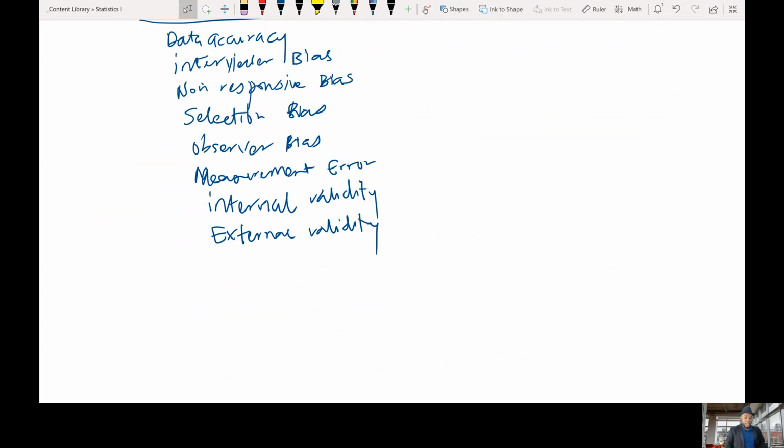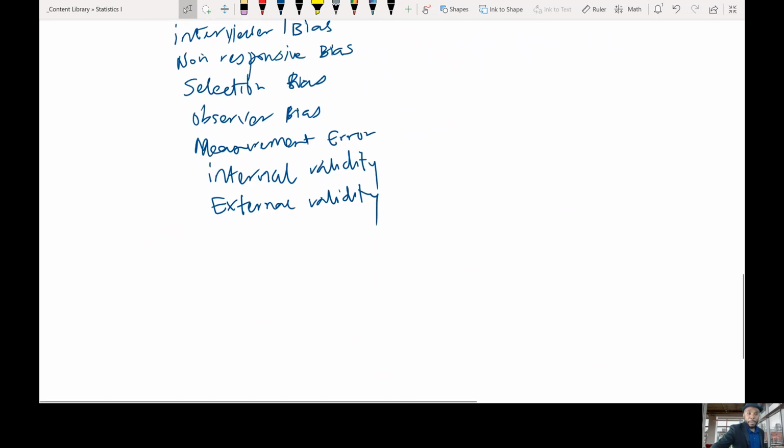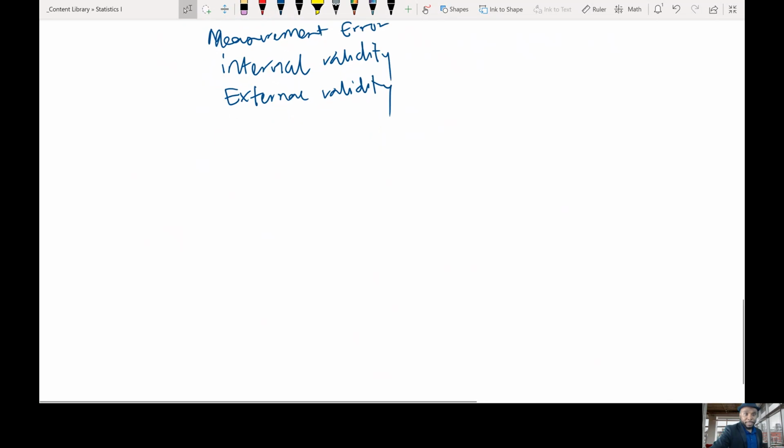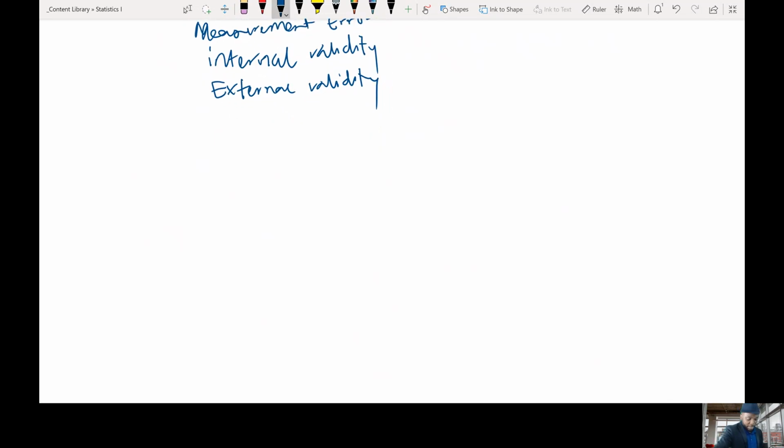Okay, so now that we've talked about this, one way of minimizing bias also is by collecting our data randomly. So let's say in terms of selection bias. One way of minimizing selection bias is through randomization. So if we take a sample, it must be collected randomly.